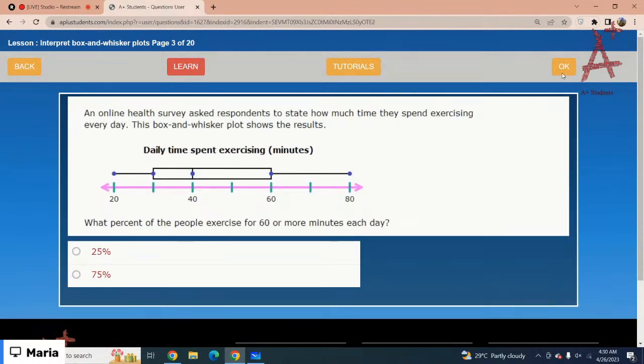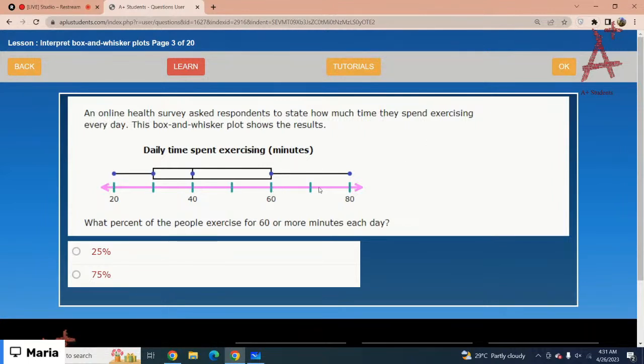An online health survey asked respondents to state how much time they spent exercising every day. The box and whisker plot shows the result. What percent of the people exercise for 60 or more minutes each day? So, which is the correct option? 60 or more.